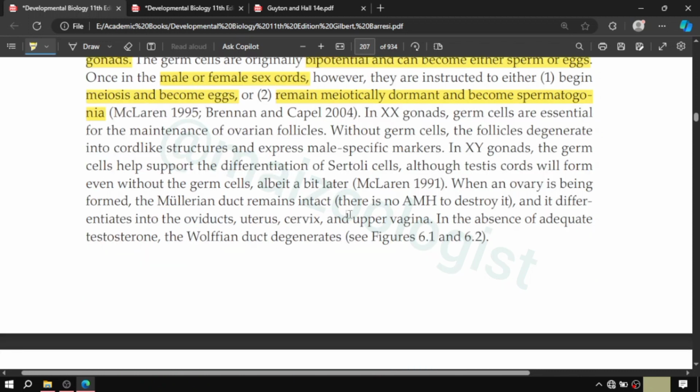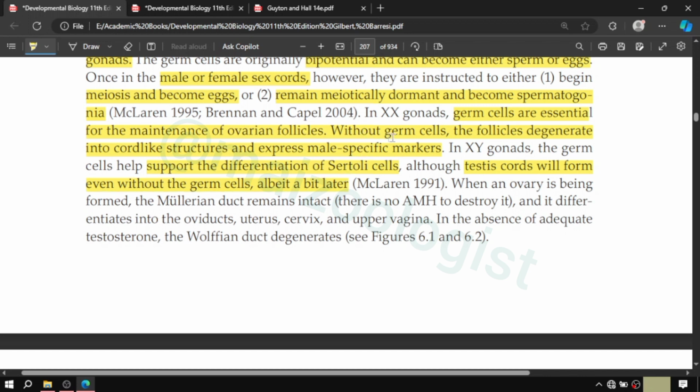In XX gonads, the germ cells are essential for maintenance of the ovarian follicle, and without germ cells, the follicle degenerates into cord-like structures and expresses male-specific markers. So in the XX gonad, the presence of germ cells is pertinent. And in XY gonads, the germ cells help support the differentiation of Sertoli cells, although testis cords will form even without the germ cells, albeit a bit later.